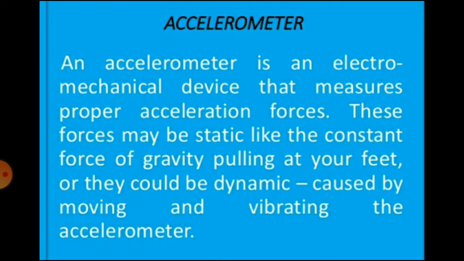Now we will move on to the accelerometers. An accelerometer is an electromechanical device that measures proper acceleration forces. These forces may be static, like the constant force of gravity pulling at your feet, or they could be dynamic, caused by moving and vibrating the accelerometer.